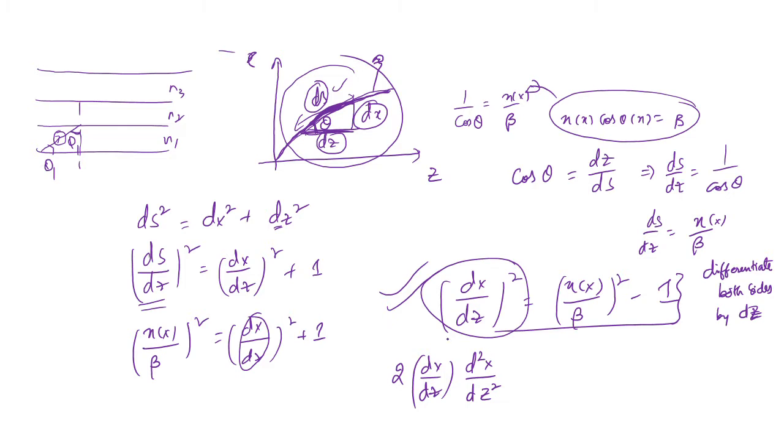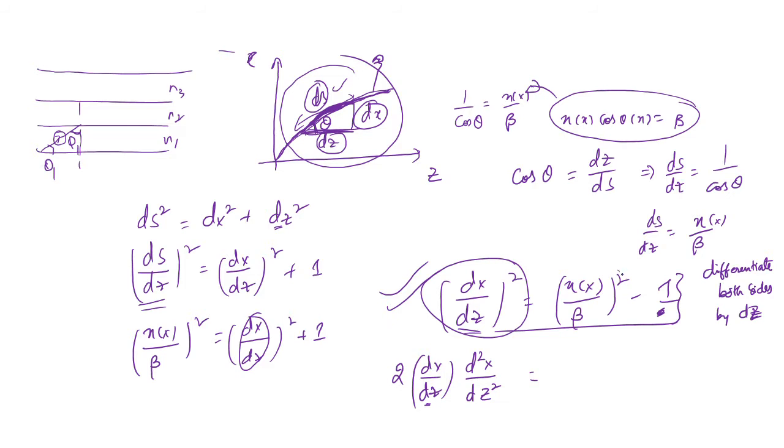So if I differentiate the left hand side with respect to z, I get the factor 2, times dx by dz, and differentiating dx by dz again gives a double derivative. And on this side, when I differentiate 1 with respect to z, I get 0, so I don't need to care about that.